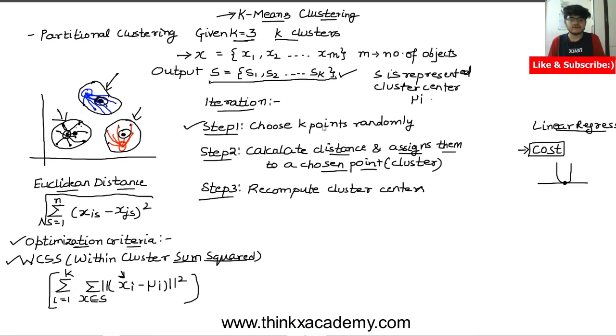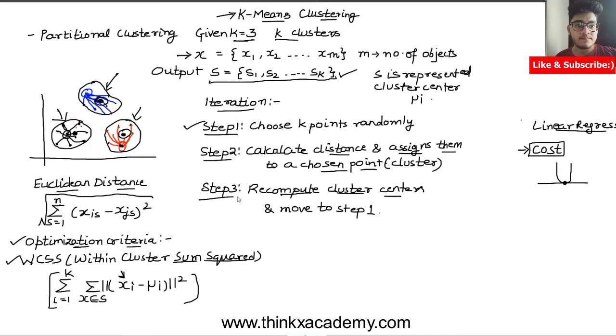Instead of choosing the k points randomly, we reassign the points we chose in the first iteration to the cluster centers in the next step. Then again we calculate the distances and assign points to these chosen centers, right? So this is the third step, where we recompute cluster centers and move to step 1.